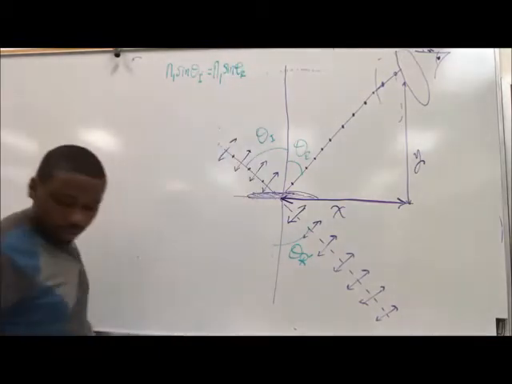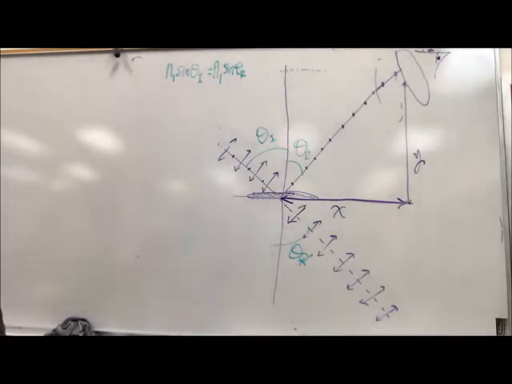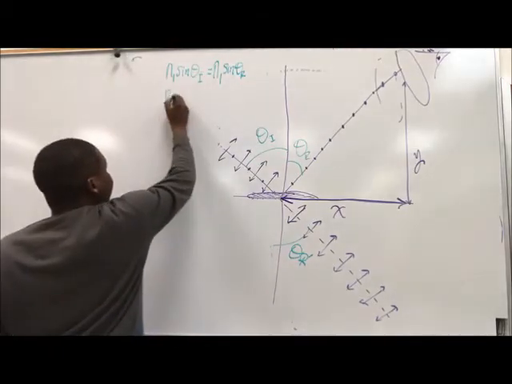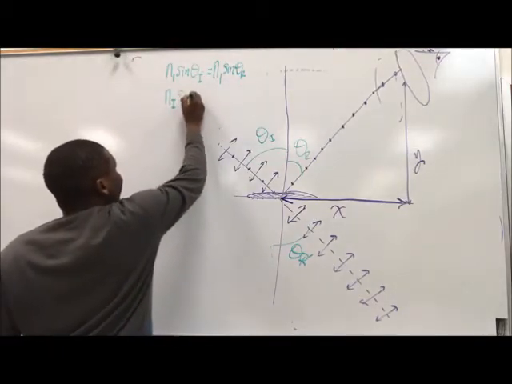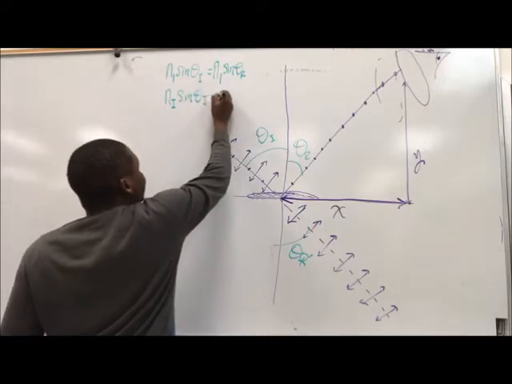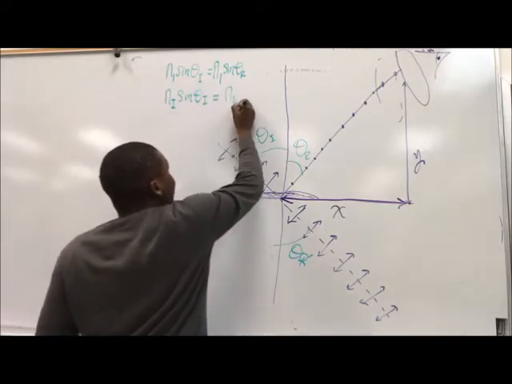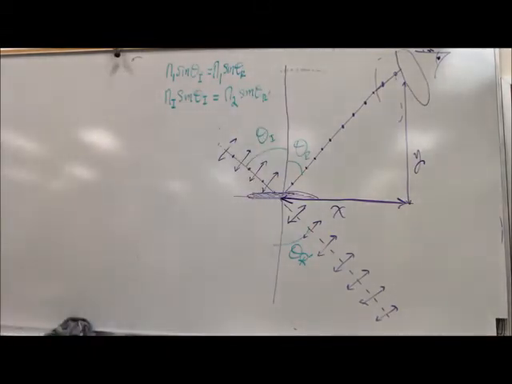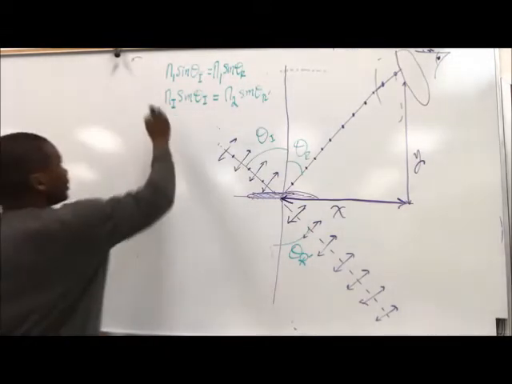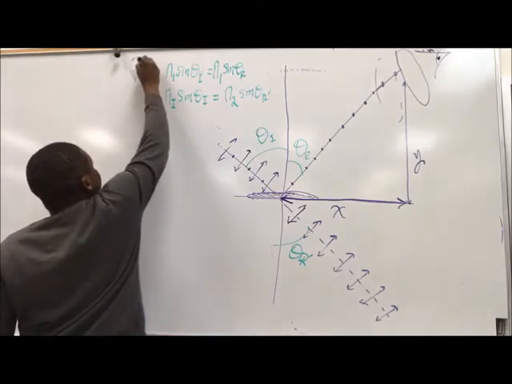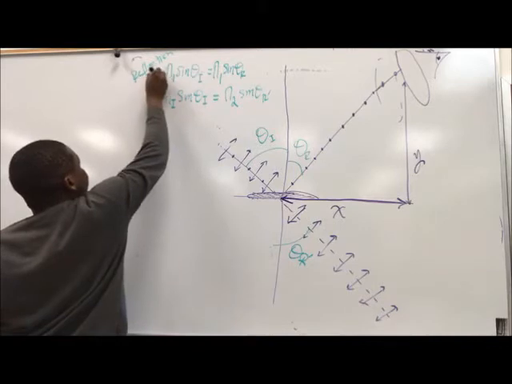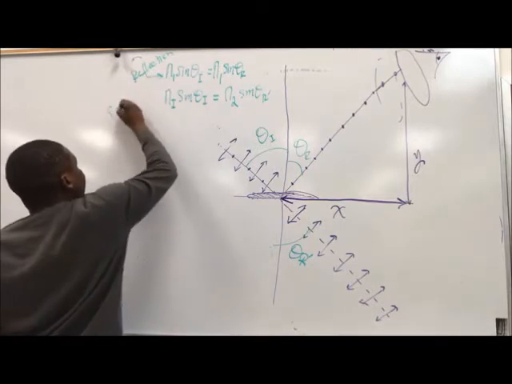That's Snell's law, all right? And then refractive index of medium 1 sine theta I should be equal to refractive index of medium 2 sine theta r prime, which is the angle of refraction. Those are the two. So this is for reflection right here, and this is for refraction.